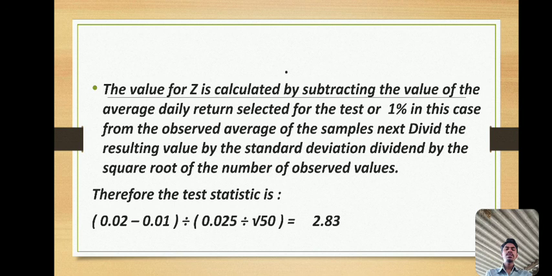Therefore, the test statistic is 0.02 minus 0.01 divided by 0.025 divided by square root 50, which is equal to 2.83.